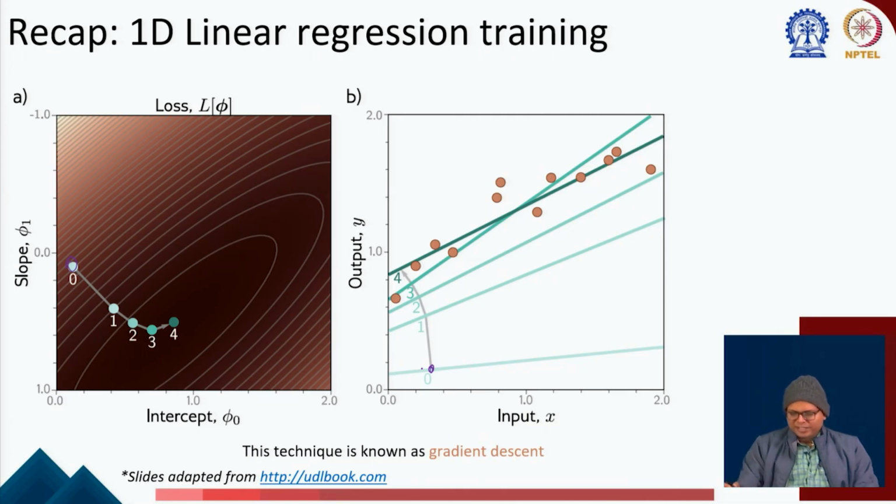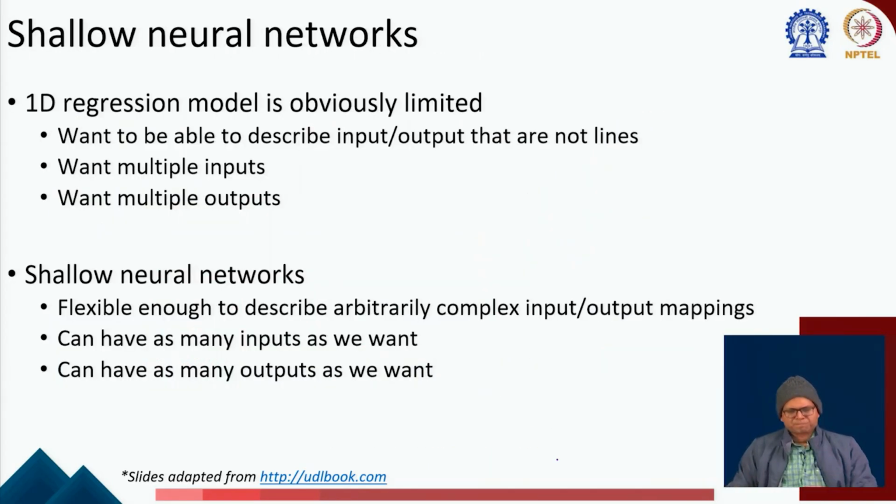That is called gradient descent, and in that process you keep obtaining better and better approximations of your parameters. Once your loss is very close to 0, you converge and say these are my parameters that are frozen.